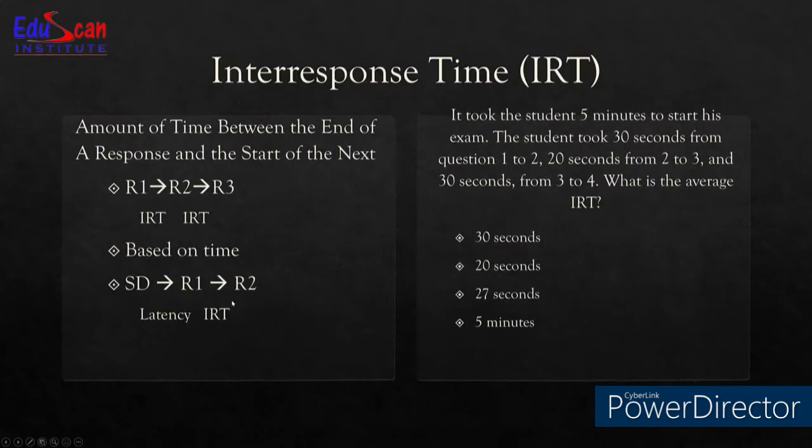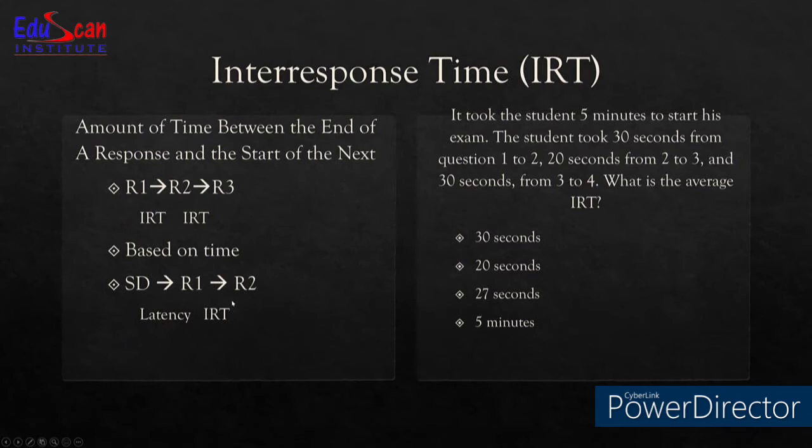Our next tool is inter-response time, IRT. It is the amount of time between the end of a response and the start of the next response. So say the child is responding 3 times: response 1, response 2, response 3. Between R1 and R2 is an IRT.